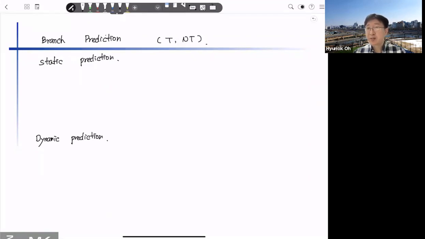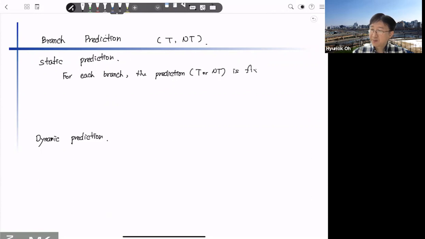For each branch, we just fix whether that is taken or not taken. So for each branch, the prediction, whether this is taken or not taken, is fixed. Okay, so it's not changing.